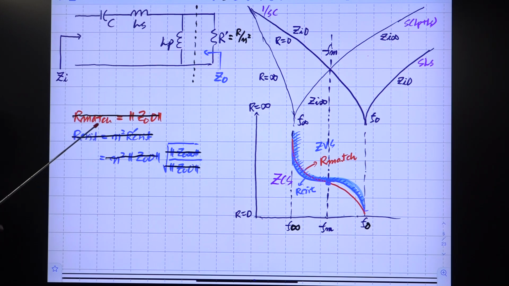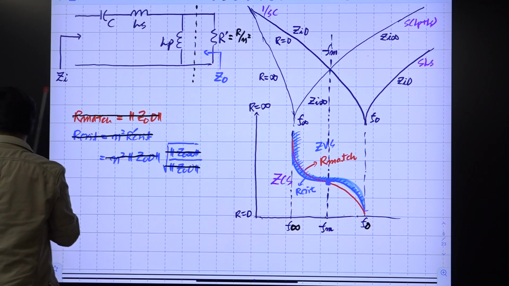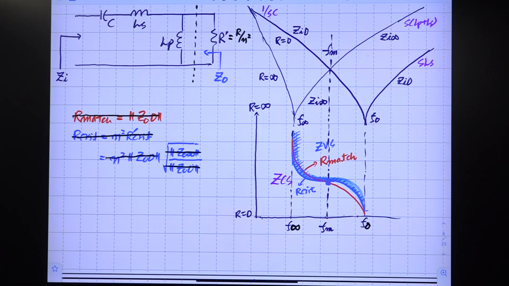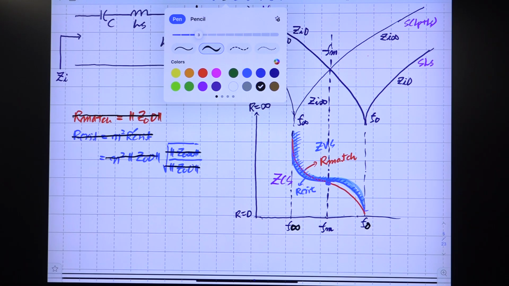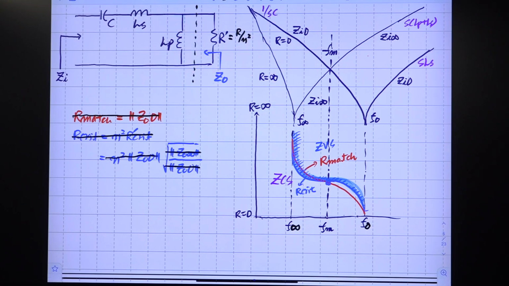Okay? This value is different from R. R is the real load. The secondary side of the transformer is its location. But we are talking about everything on the primary side of the transformer. So I was confused with this. So be careful with this, all right?